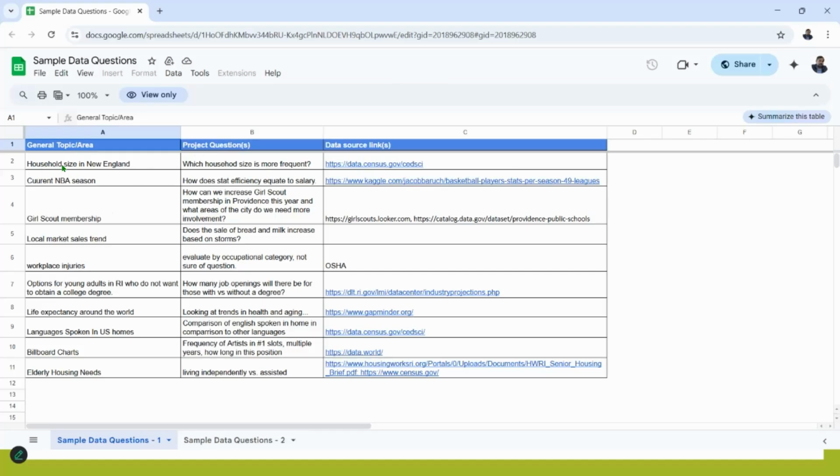Let's take the first one, household size in New England. The question that this person wants to find is which household size is more frequent. For that, this person is going to use census data. And then, how does staff efficiency equate to salary? For that, this person is using the Kaggle website, baseball player data.